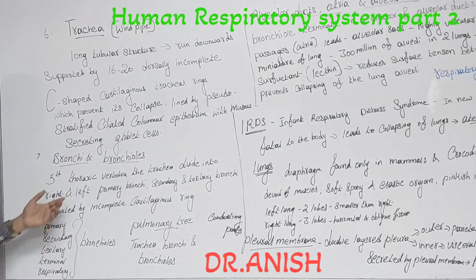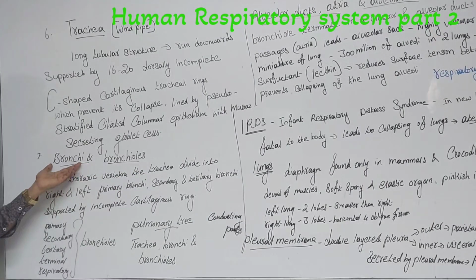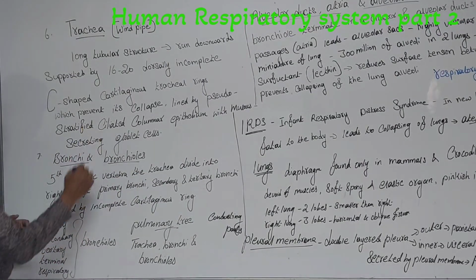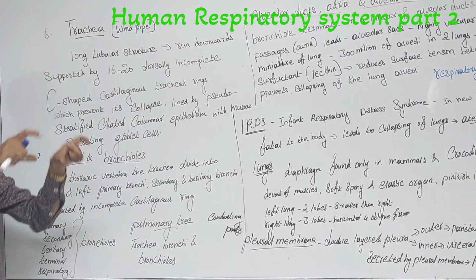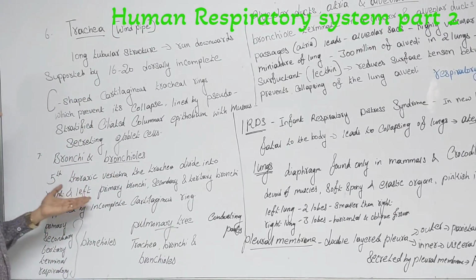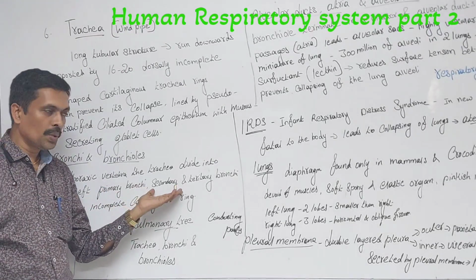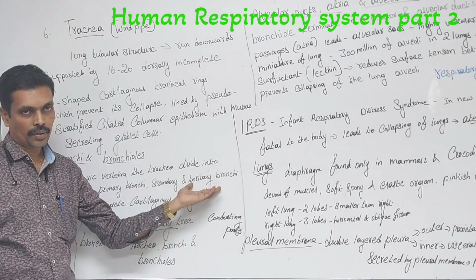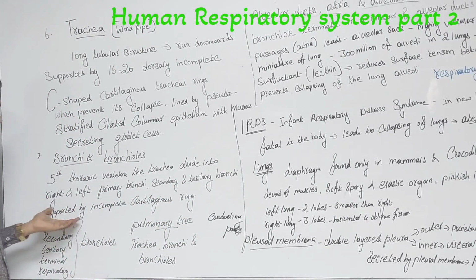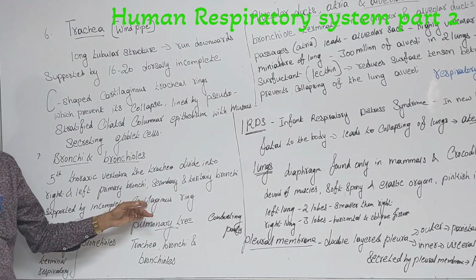The next part we call the bronchi and bronchioles. Bronchi means that from the trachea, at the fifth thoracic vertebra, it divides into two long pipes. That is what we call the primary bronchi. These primary bronchi again divide into secondary bronchi and tertiary bronchi. They are also made up of incomplete cartilage rings.